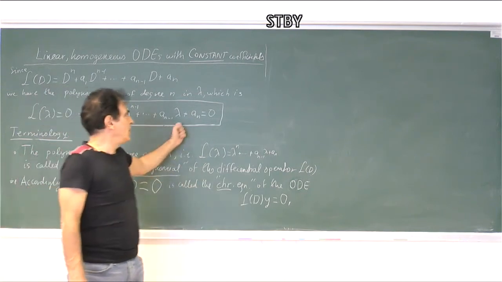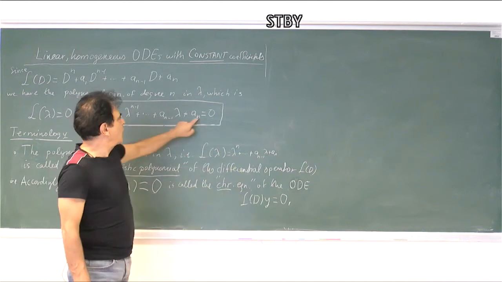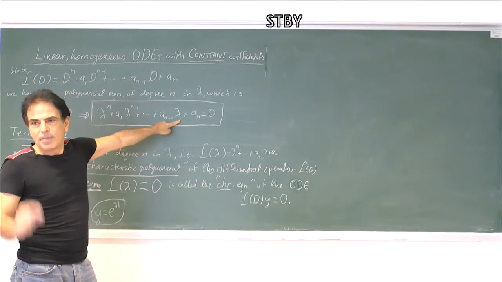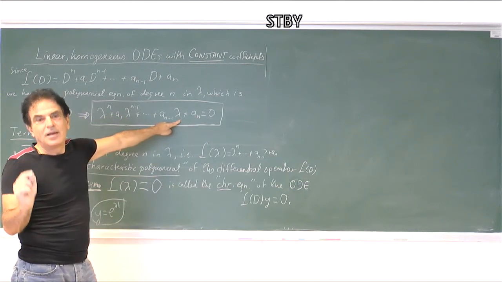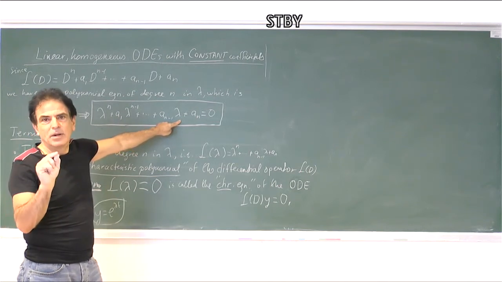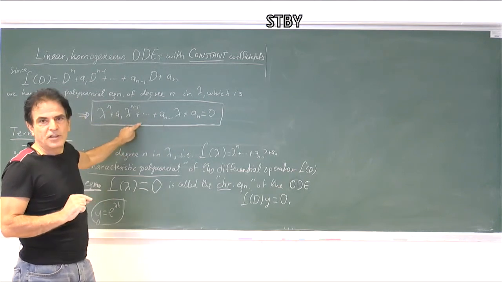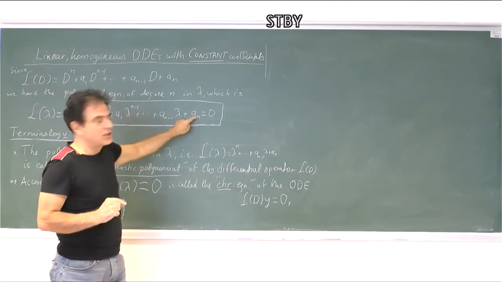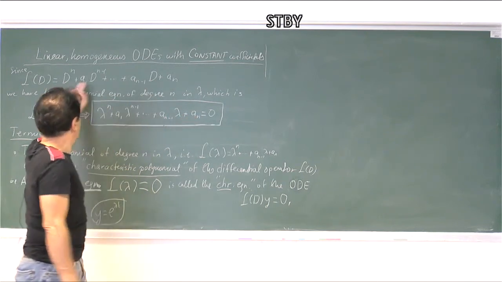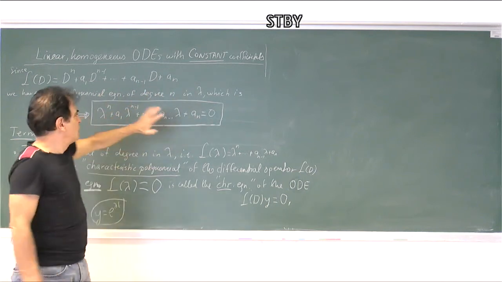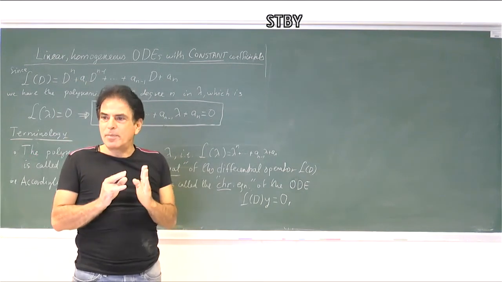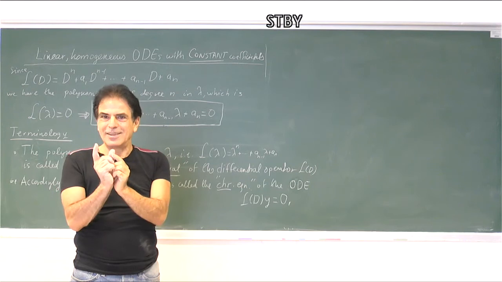What else? If there is a complex number satisfying the characteristic equation, then the complex conjugate of that number is also a root of this equation, provided that the coefficients are real, and we assume a differential operator with all real coefficients. So this means that complex roots appear in pairs.